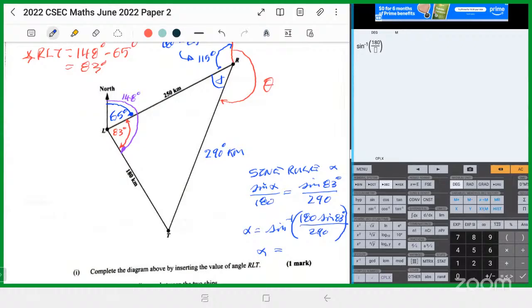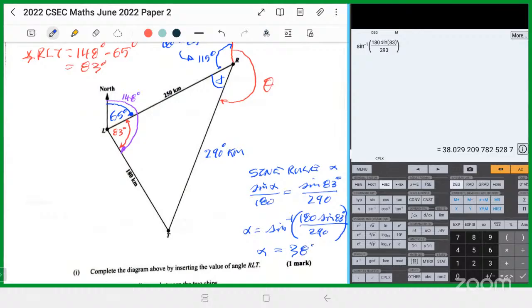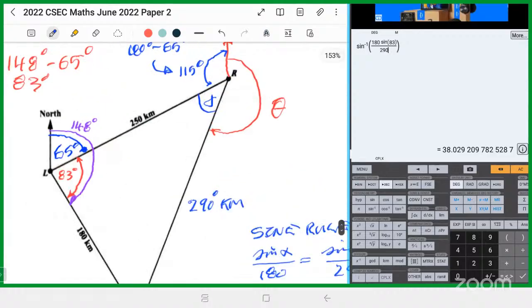I need to times the sine of 83 divided by 290. I'll get 38 degrees for the alpha. So this angle inside here now is 38 degrees.